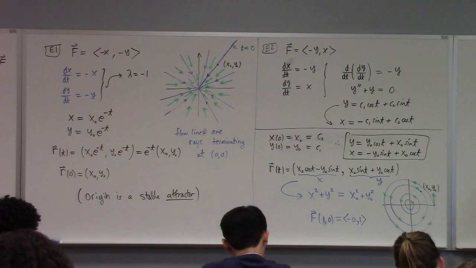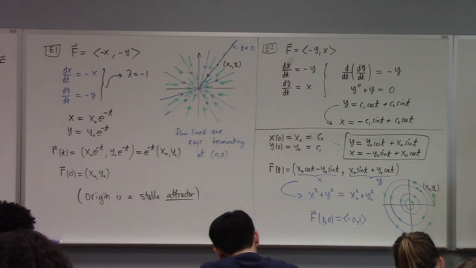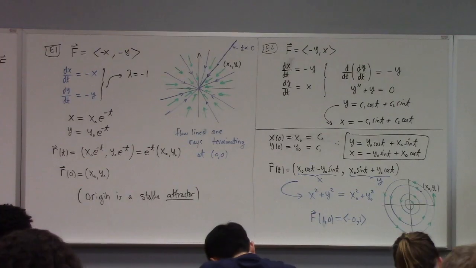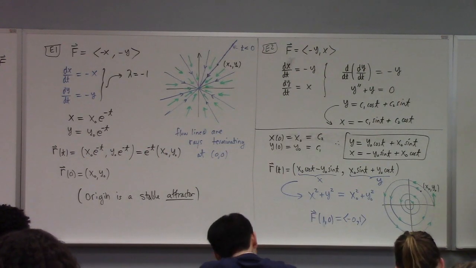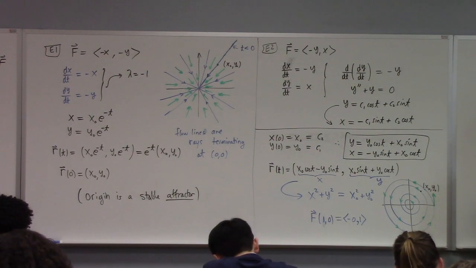To find the flow lines here, we'd have to solve dx dt is x squared minus y squared times y minus 2, and dy dt is equal to x minus y times x minus 3.